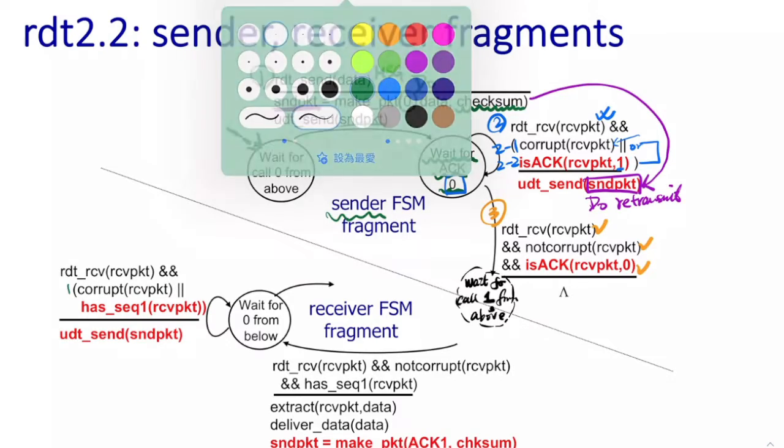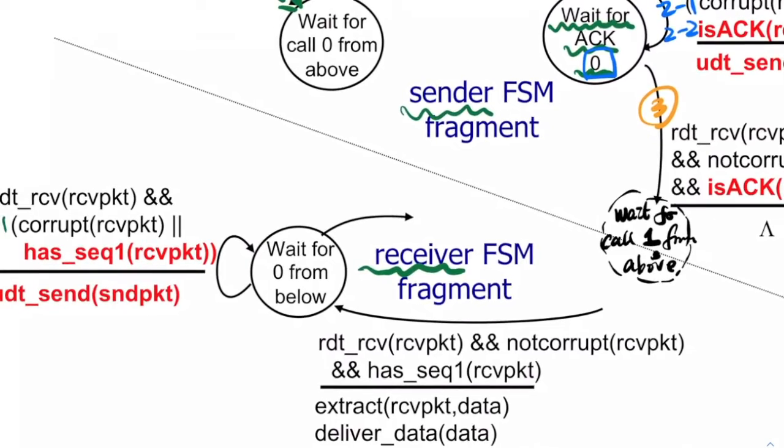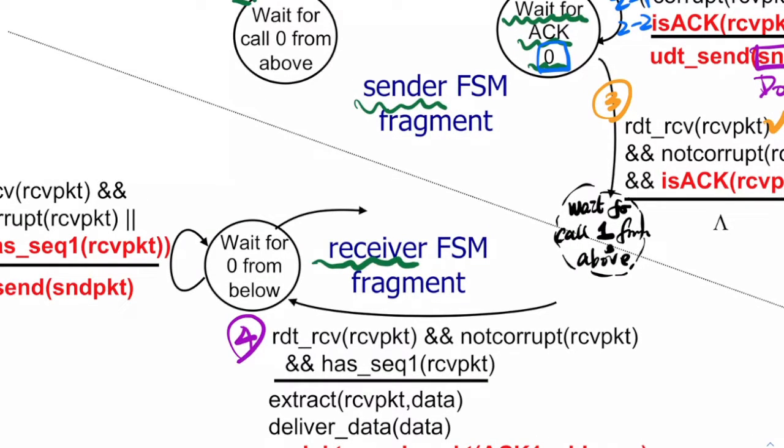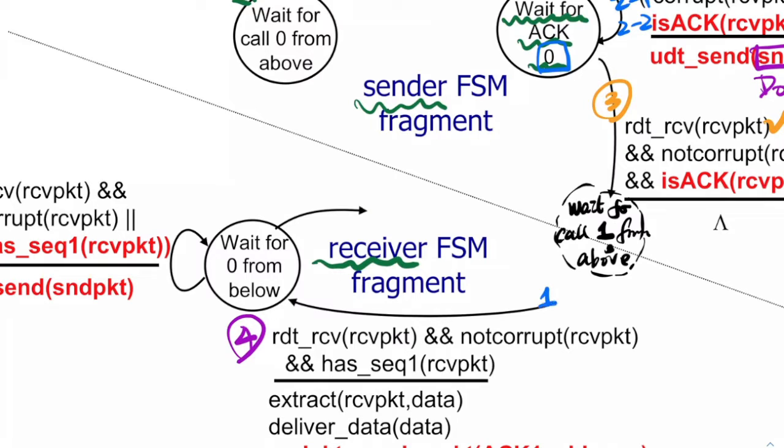And on the other hand, right here, it is the receiver's finite state machine. Let's take a look at number 4 right here. Currently, receiver is expecting data number 1. It receives a packet, it is not corrupted, and indeed it is data number 1.